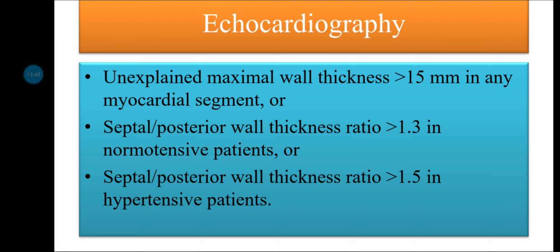So if we see unexplained maximal ventricular wall thickness of more than 15 millimeters in any myocardial segment, or a septal to posterior wall thickness ratio of more than 1.3 in normotensive patients, or a septal to posterior wall thickness ratio of more than 1.5 in hypertensive patients. So these are the three important criteria by which we can diagnose the condition.